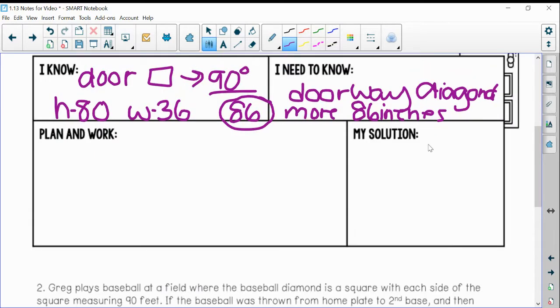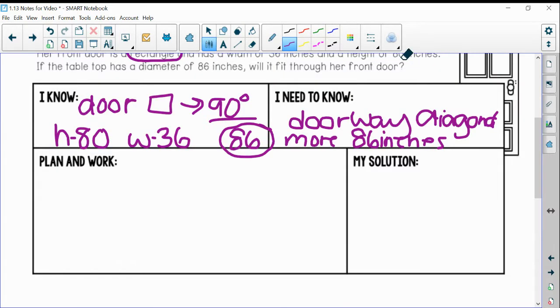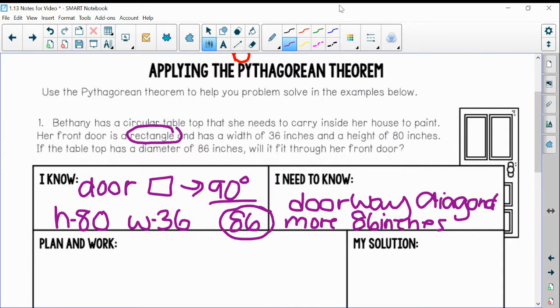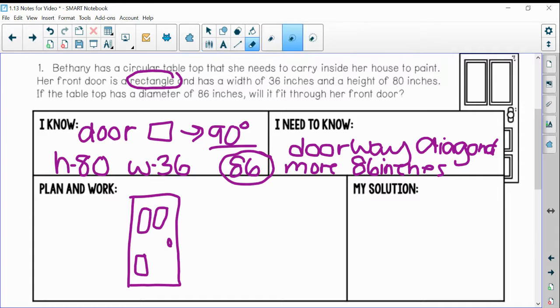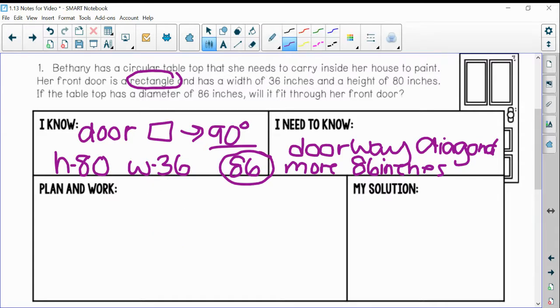So my plan for every single Pythagorean theorem problem I have is to draw it out so I can see what I'm talking about. So this is her door. Looks like a regular door. Well, they told us the height of her door is 80. The width of her door is 36.